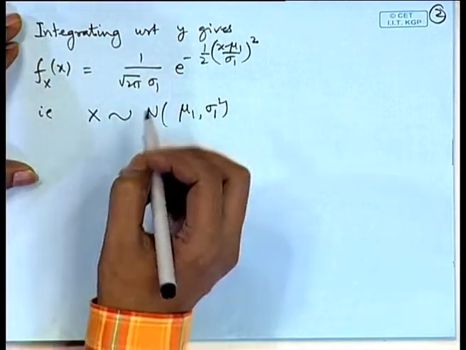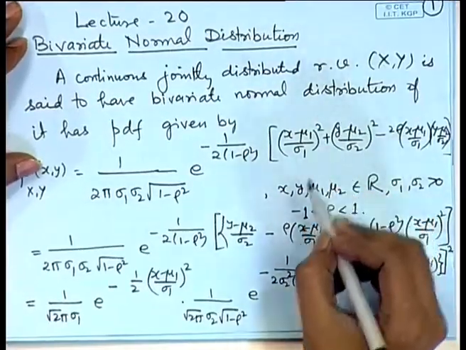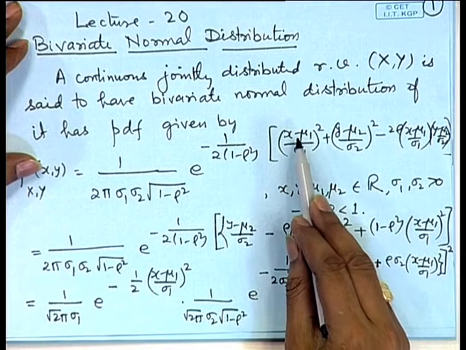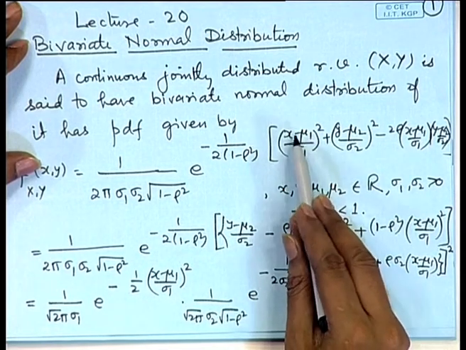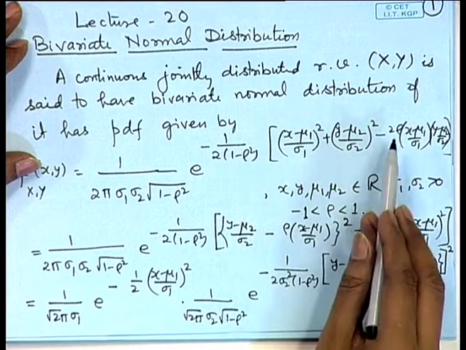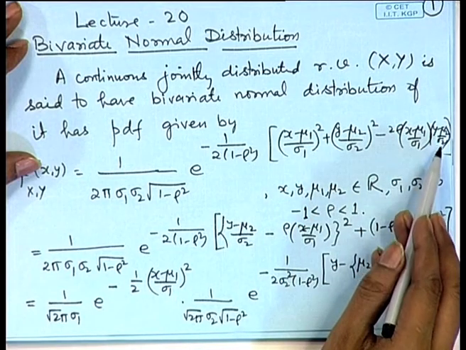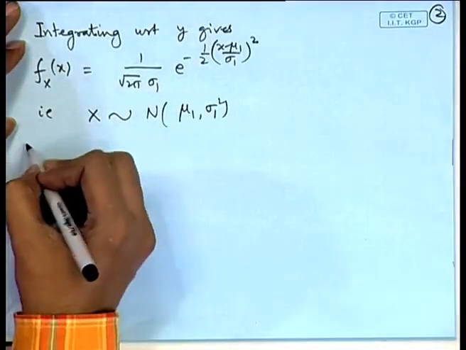In a similar way, when we want to integrate with respect to x, we make a perfect square in x. So, we will write (x minus mu 1 by sigma 1 minus rho (y minus mu 2) by sigma 2).